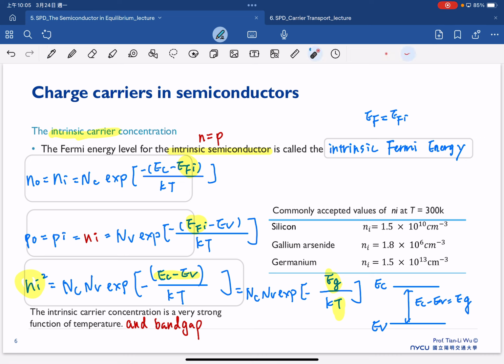There are lots of materials with different Ni, but the most important one that you should remember is that in the case of silicon, our Ni is equal to 1.5 times 10 to the 10. That's the typical value for silicon. So for a value larger or smaller than silicon, we can consider this a case with a very high or low Ni. So we will use silicon as a reference material.